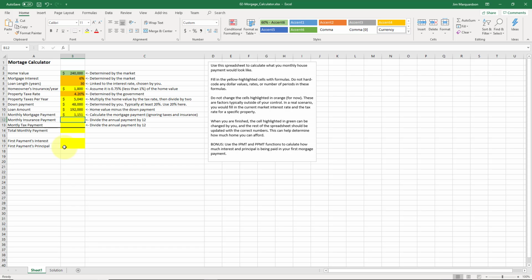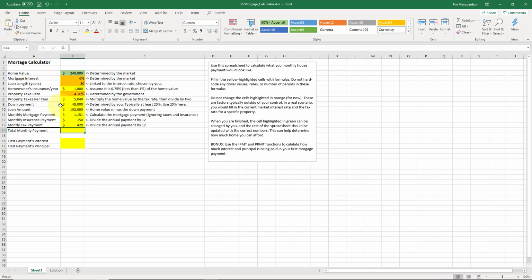That's very common, but you can pay it all separately. We'll calculate it separately at least. My insurance payment is going to be the annual insurance divided by 12, and we're going to find the average tax per month. So that's going to be equals property taxes divided by 12.